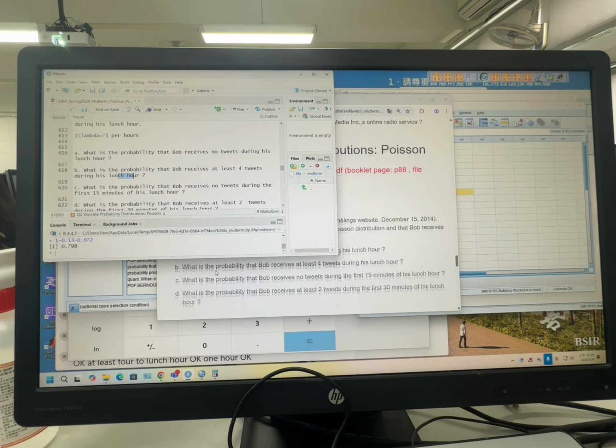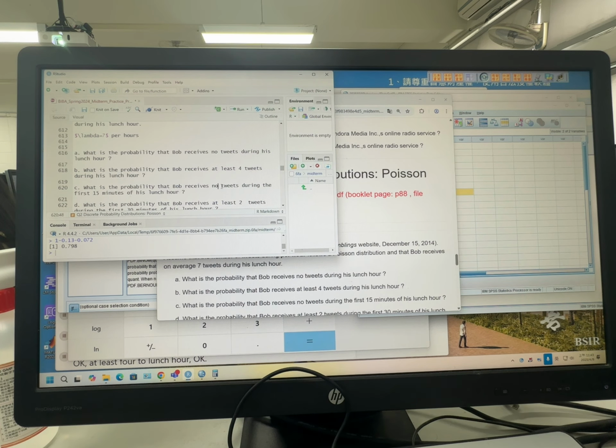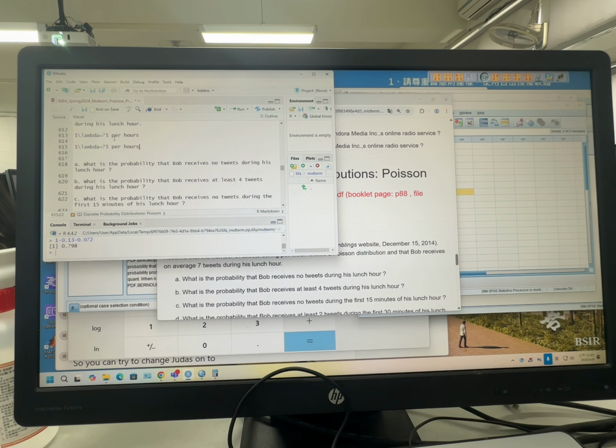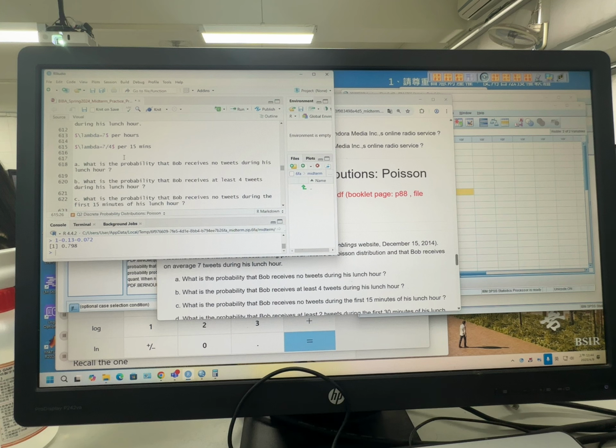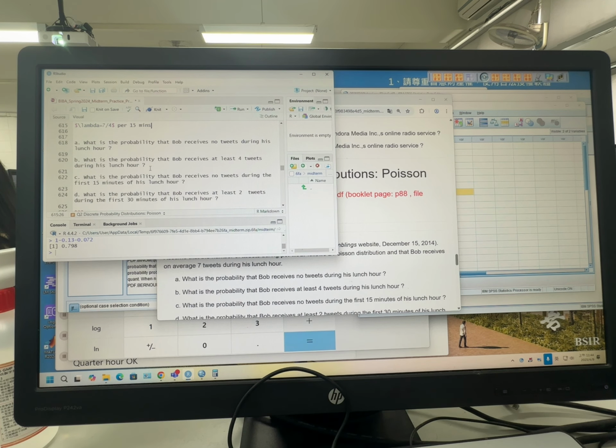And no suite, first 15 minutes. So you can try to change this one to divided by 4 is per 15 minutes. So the unit changes, because 1 hour has 4 quarter hours, so divided by 4 you get the mean.